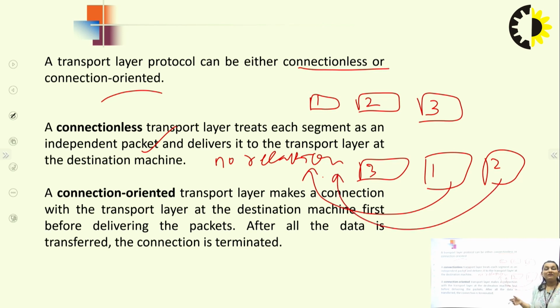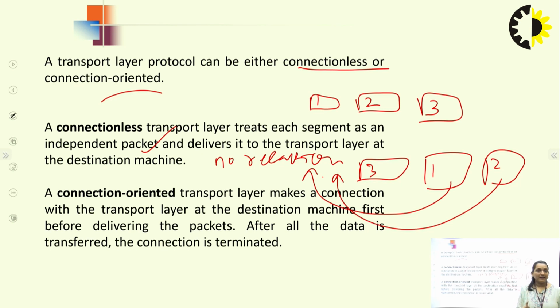So when we are combining our data at the destination side, we have to check the sequence number. That is the relationship between the packets we are sending at the sender side and receiving at the receiver side. When we are using connection oriented, you have to mention two things.